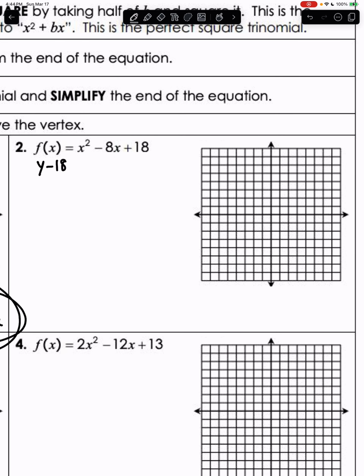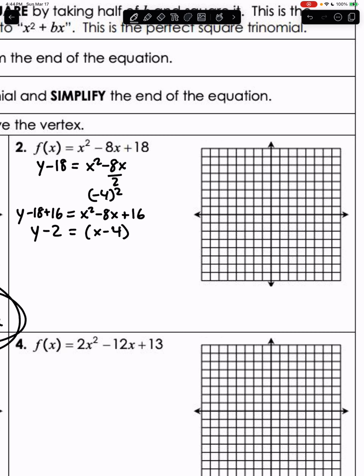Y minus 18. X squared minus 8x, divided by 2, square it, x squared minus 8x plus 16 plus 16 minus 2 equals x minus 4 squared, x minus 4 squared plus 2.